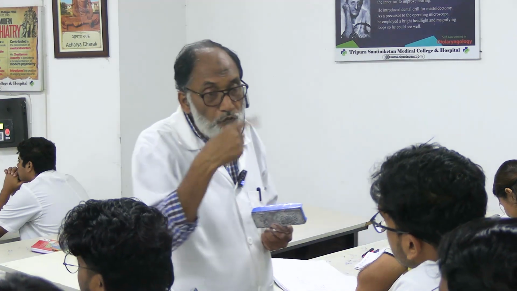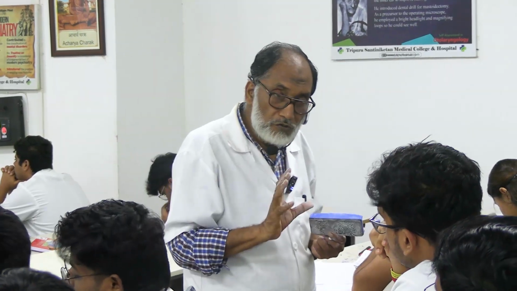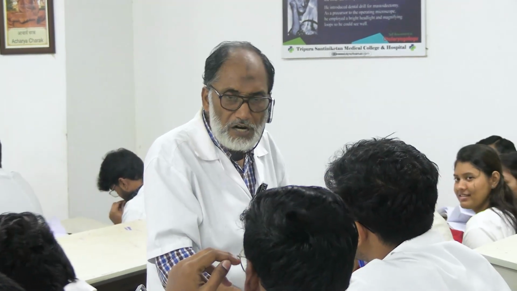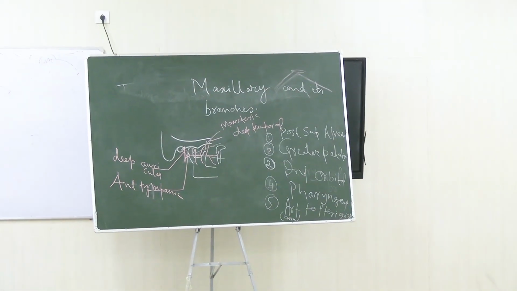Around and within which muscle? Lateral pterygoid muscle. This venous plexus is known as a peripheral heart. You have already heard of the anatomical peripheral heart, that is gastrocnemius and soleus. Here it is also called peripheral heart, which lies within the pterygoid venous plexus.